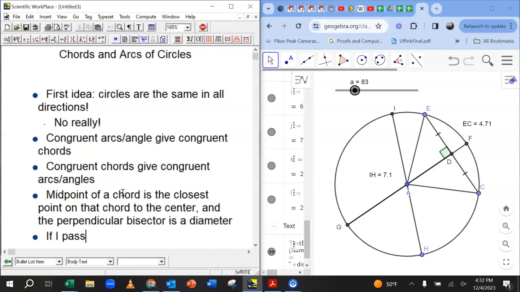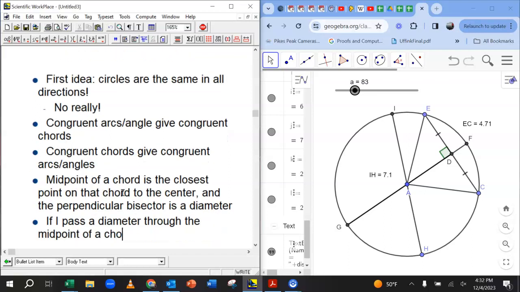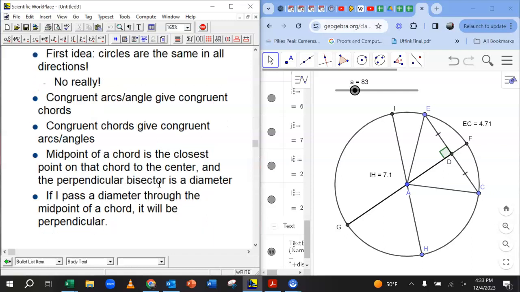If I pass a diameter through a chord, let's say, through the midpoint of a chord, it will be perpendicular. Basically, like I said, everything about this picture, if you know one thing, you know everything.